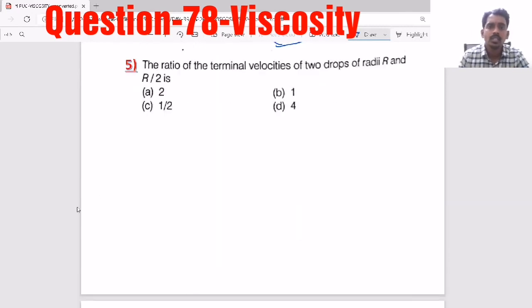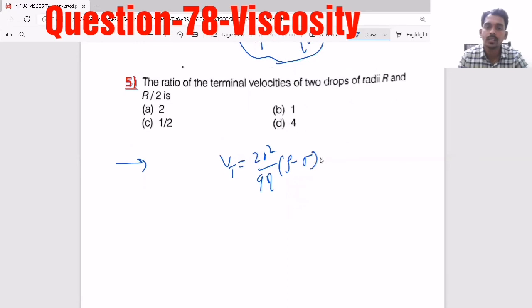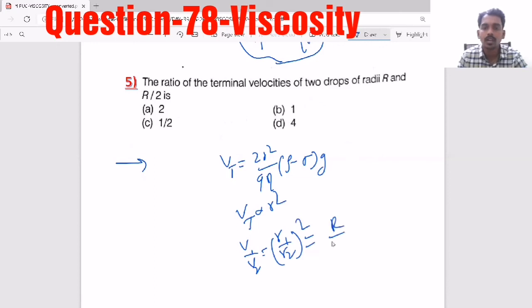Next, the ratio of terminal velocities of two drops of radius r. So it's a direct, very simple question. When you remember the formula 2r square by 9 eta into rho minus sigma into g, you will come to know that it is proportional to r square. Then v1 by v2 equal to r1 by r2 whole square, where r1 is r and r2 is r by 2, whole square, then it will become 4.